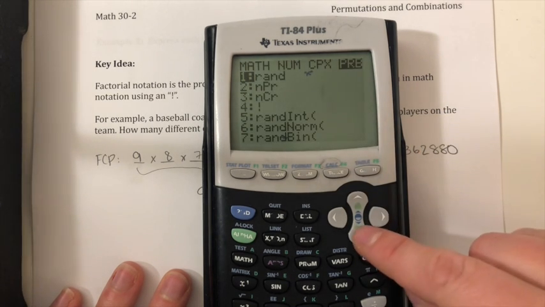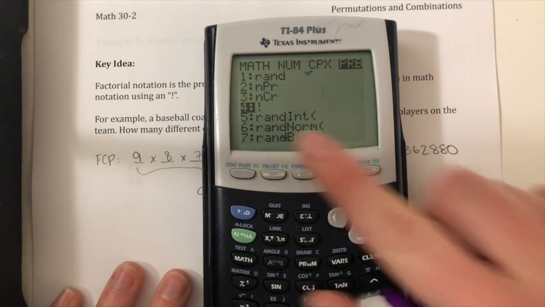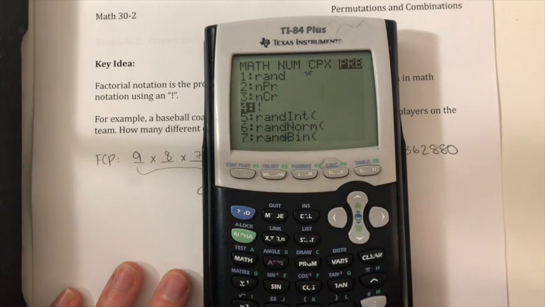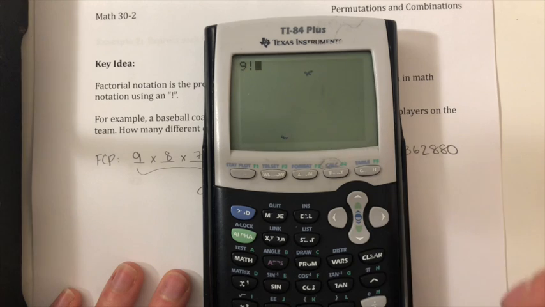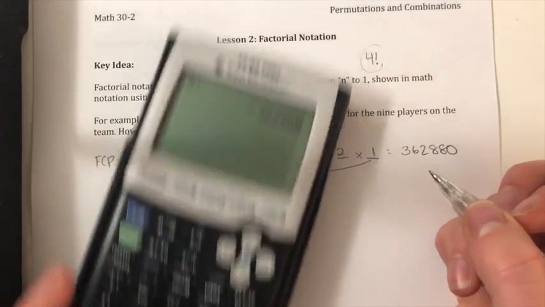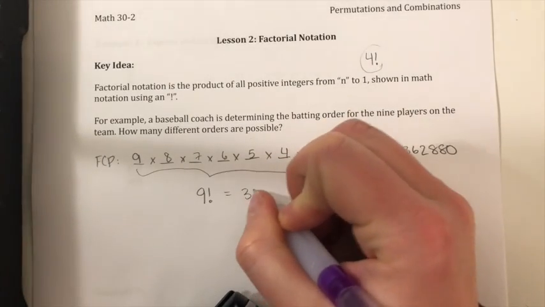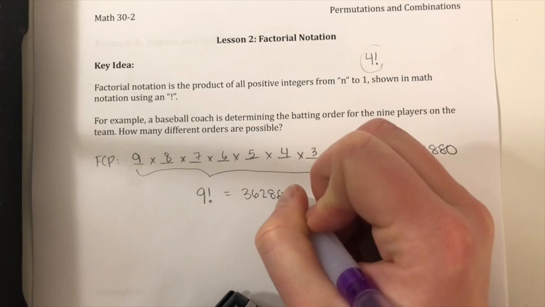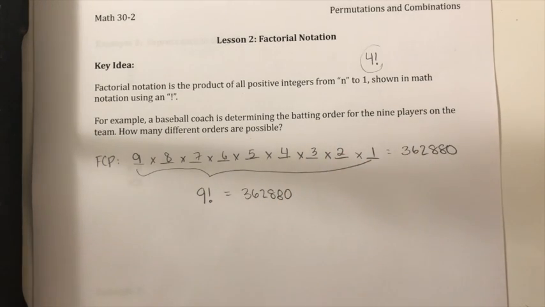This is all probability functions. Then scroll down to number 4, or just hit the number 4, and we get the factorial, the exclamation point. If we do that, we get 362,880. Same answer, but definitely a lot easier.